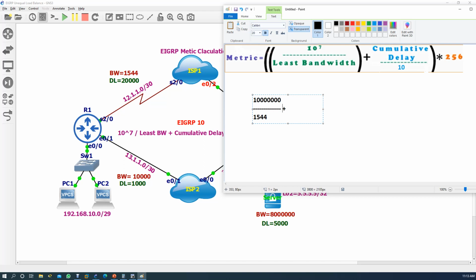So 27,000 divided by 10 is 2700. Okay, now multiply by 256. Are you understanding? So how much? So let's find in the calculator.